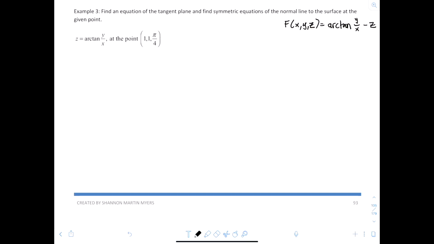So we need to find the partial derivatives, right? So the first partial with respect to x of f(x, y, z) is going to equal, so we have the arctangent, right? So what's that derivative going to be? Beautiful.